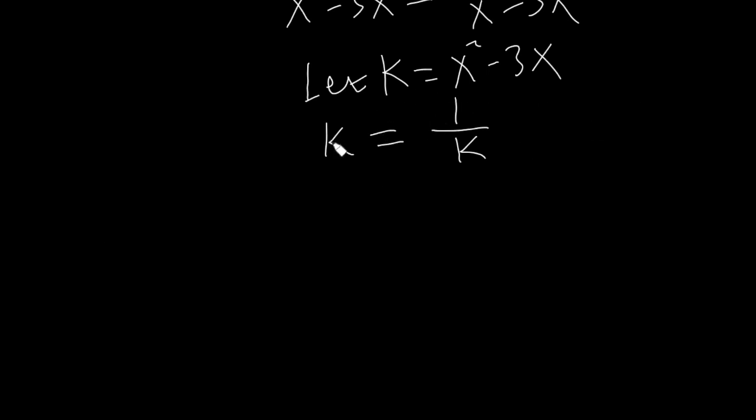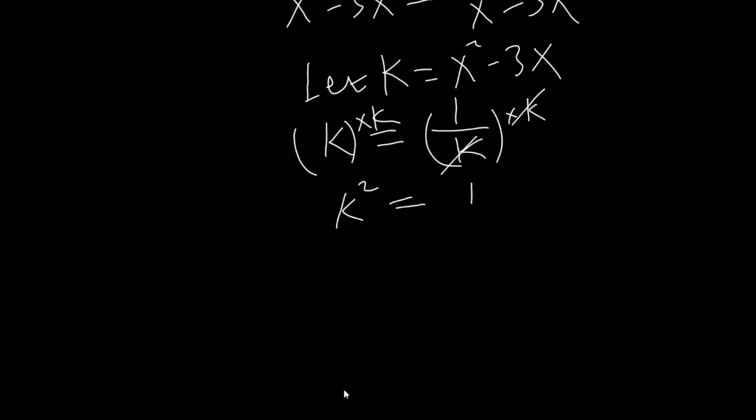So what do you do when you get to this stage? As usual, we multiply everything by K. So here we get K times K, that is K squared, is equal to K times 1 over K, and the K divides, so it's equal to 1.